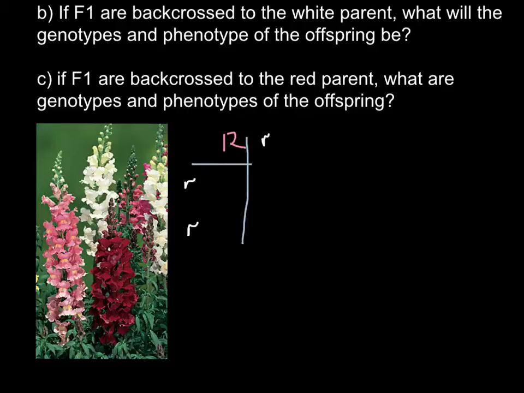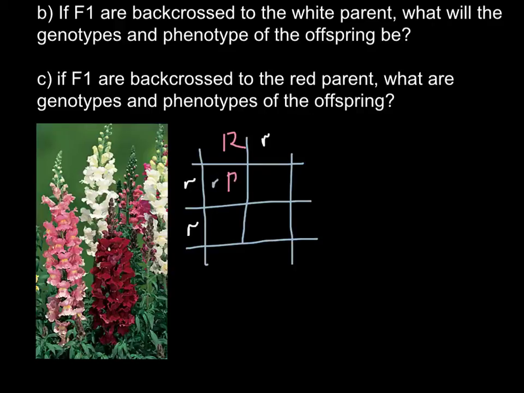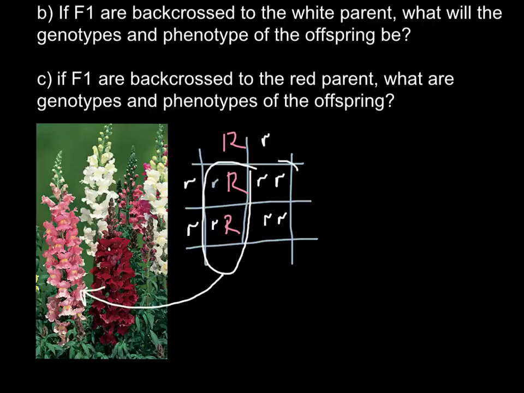We also build our Punnett square, and here in the first box we have small r, capital R, small r, capital R, and here we have small r, small r, small r. So again we have 2 phenotypes and 2 genotypes. So this is one genotype, and as you see, this is heterozygous and it's going to be pink, and another one is going to be white. So this is question B.